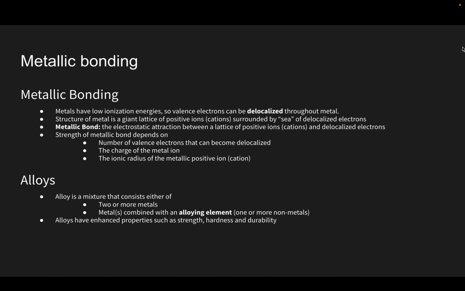For example, the gold that we use in jewelry is not actually pure gold, because pure gold has low strength, it's not that hard, and it can change its form easily, so people mix it with other metals to make it harder.